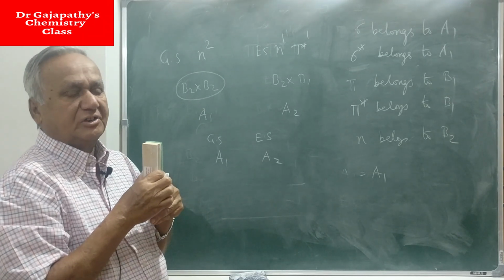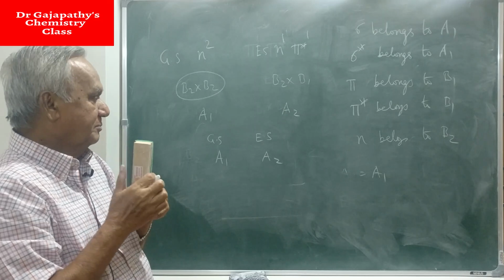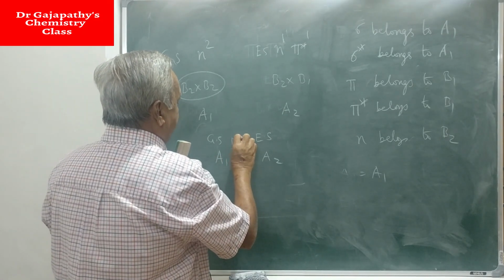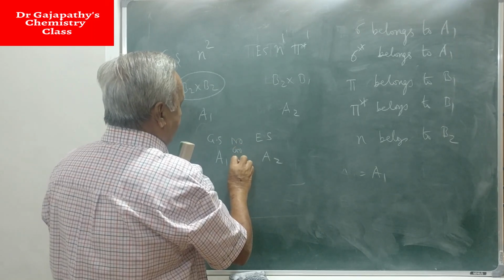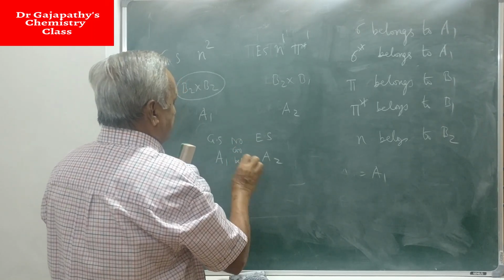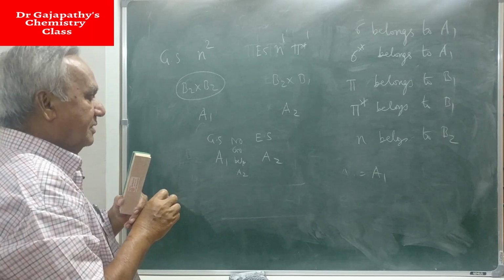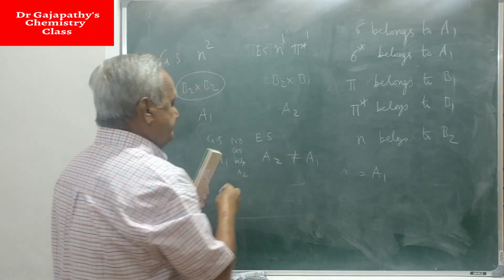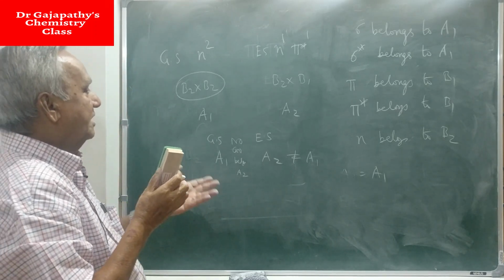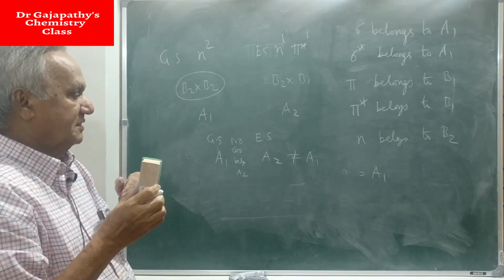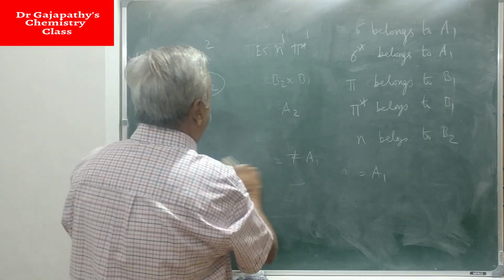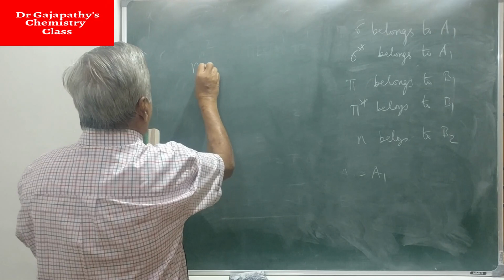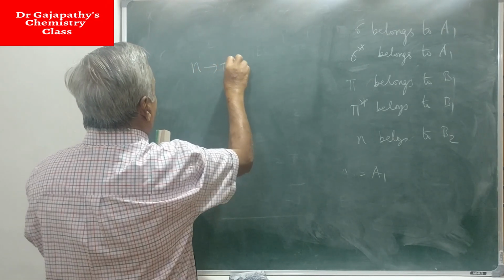And none of the Cartesian coordinates belongs to A2 type. So there is no coordinate belonging to A2. That means this product may not be equal to A1. That means this transition is a forbidden transition. So n to pi star in formaldehyde is a forbidden transition.